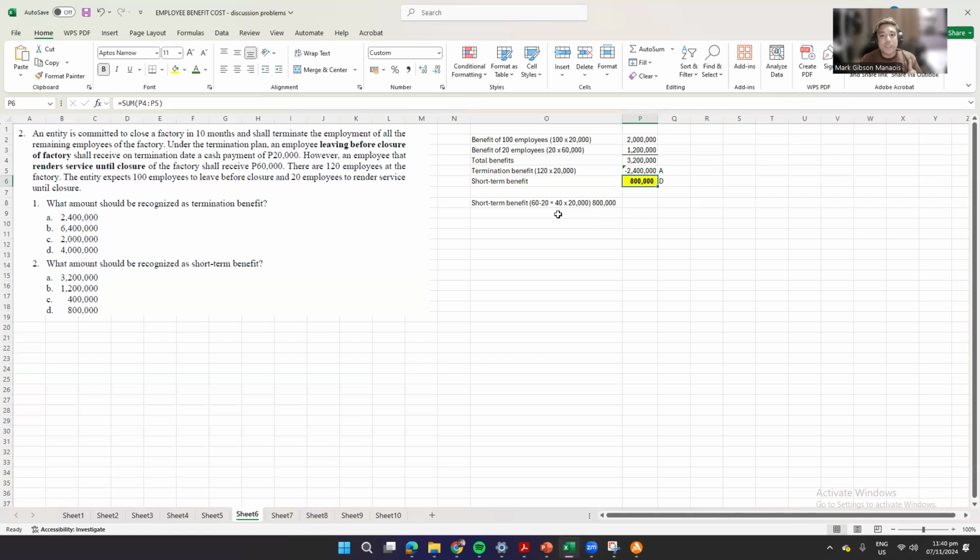We just get the ratio based on the payment. So 60 minus 20 equals 40 multiplied by 20,000 pesos. We get 800,000. Either you use this template or simply use the shortcut way to compute for the short-term benefit. Either way, you'll get the same result. So in this case, the answer for requirement number 2 is 800,000 or letter D.